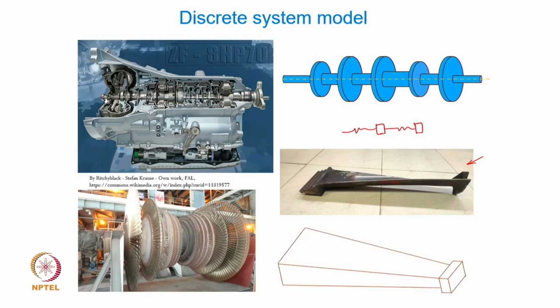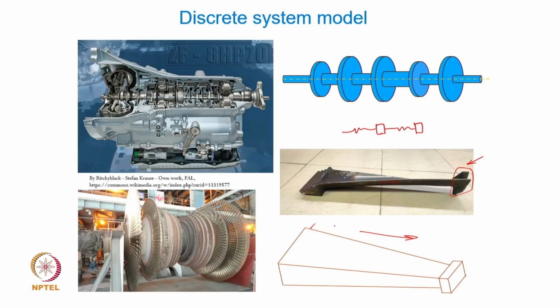So, the cross section of such blades typically keeps changing from the base towards the tip, and in some of the blades you will have a shroud which can be modeled like a mass at the tip. The cross section dimensions keep on changing along the length of such blades. So all the properties which define the stiffness in the vibratory system are going to continuously change.